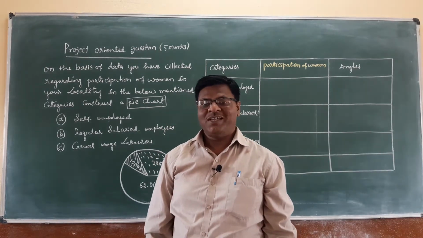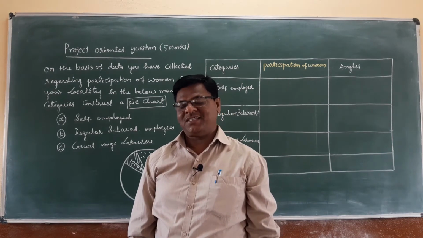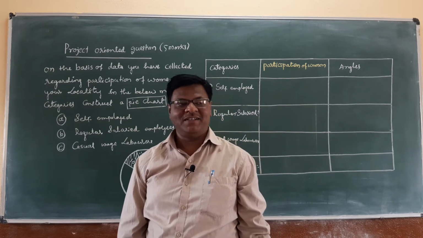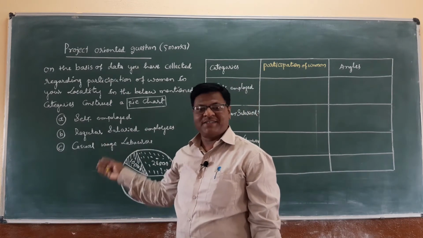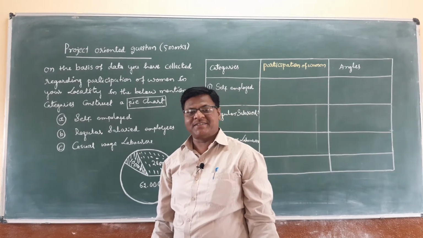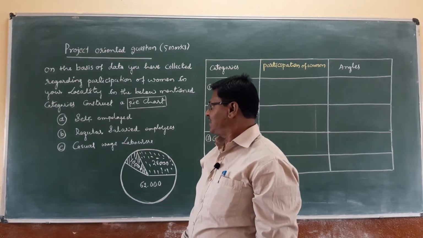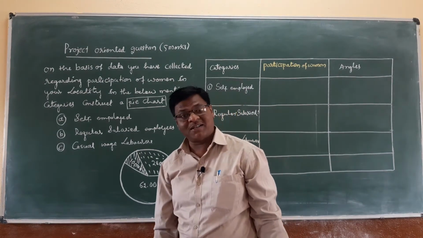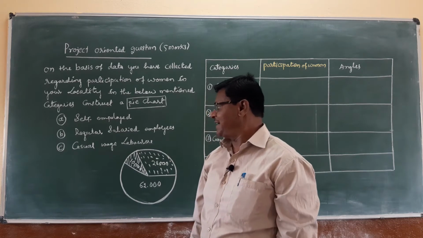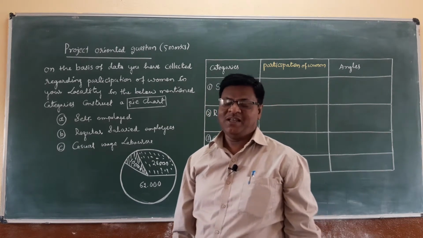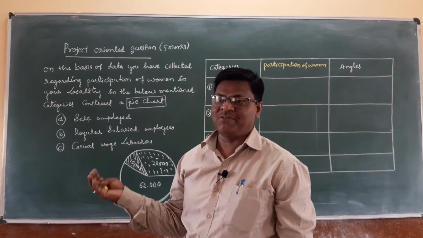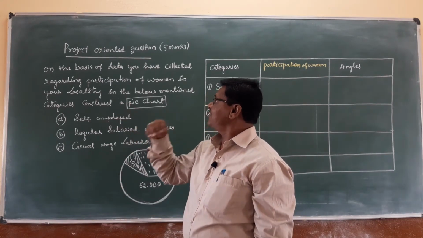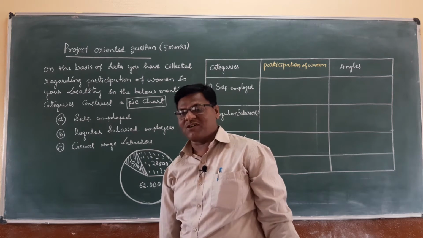Keep your own digits, what you have collected, categorized into 3 categories: self-employed, regular salaried employees and casual wage laborers. The project oriented question has 5 marks.